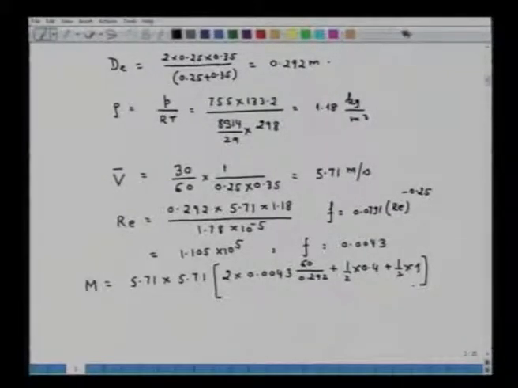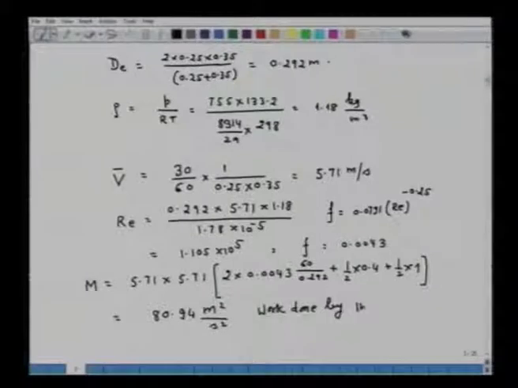So, that is what we will get, and if you solve, then I will be getting here 80.94 meter square per second square. That will be the work done by the fan.